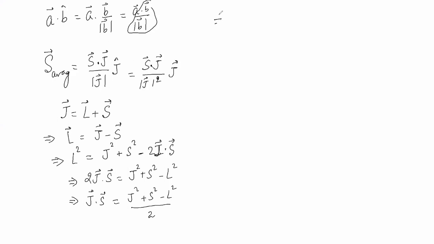Therefore J dot S or S dot J, since this is a scalar product, we can write as h square by 2, taking h square common because angular momenta are measured in units of h cross, J(J+1) minus S(S+1) minus L(L+1).